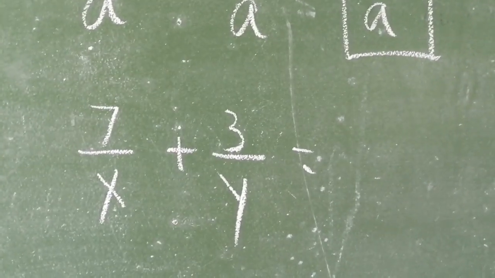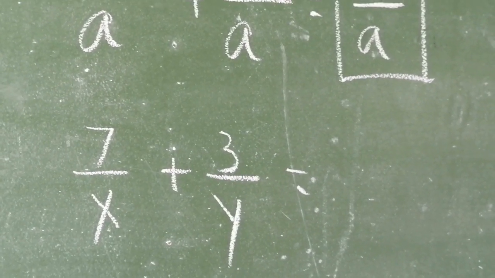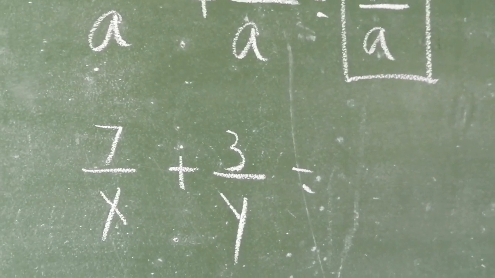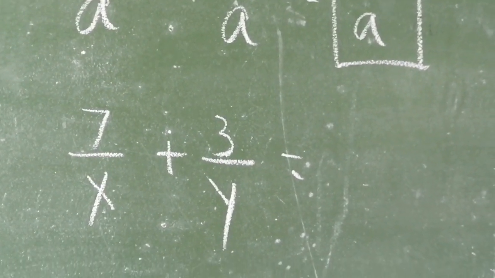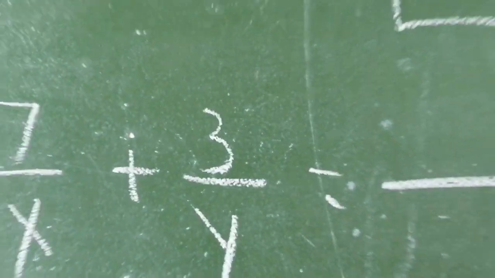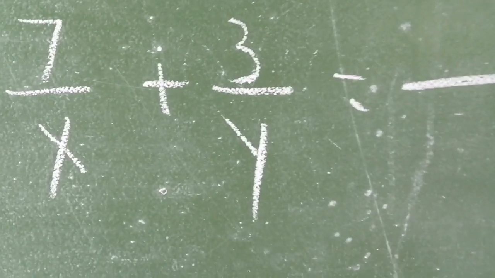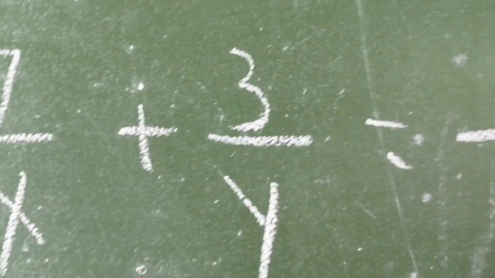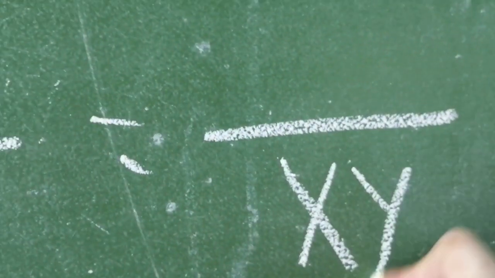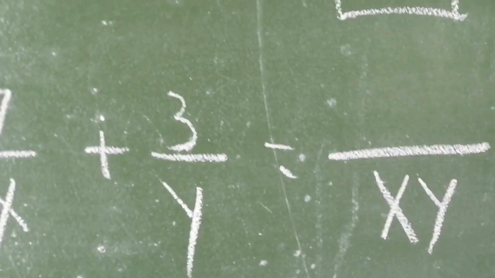You can also use cross multiplication in case you have only 2 fractions or rational expressions, but shall we use the LCD here? The LCD is the product of x and y, so xy. That will be your LCD. Then what's next? What are we going to do?